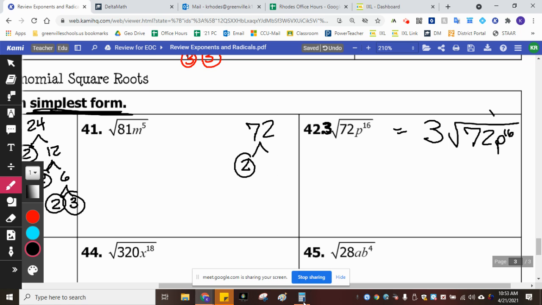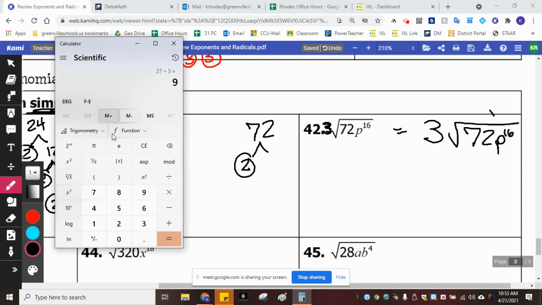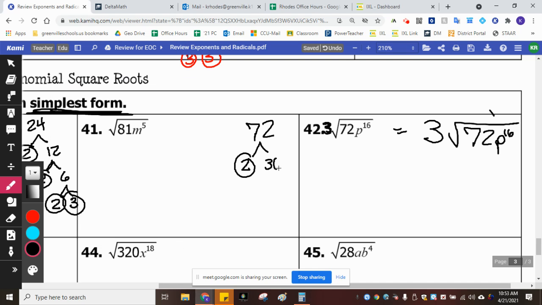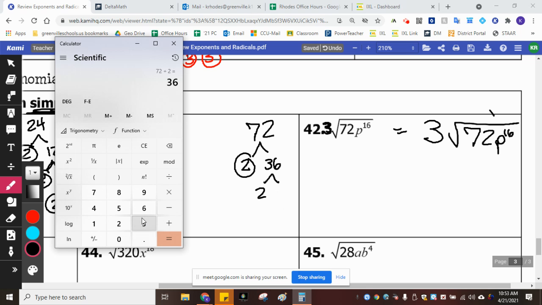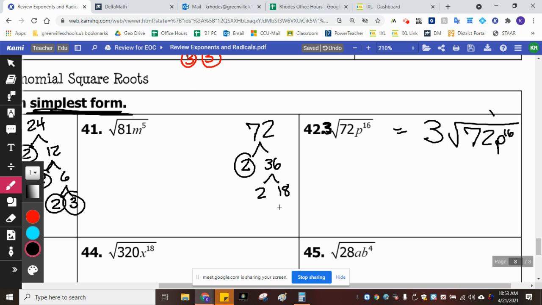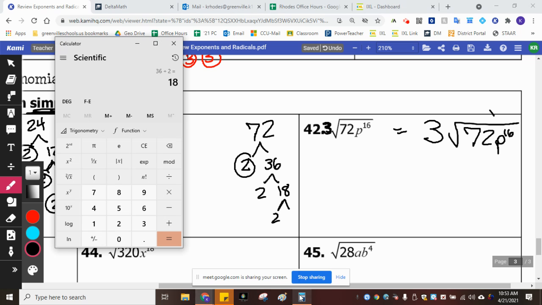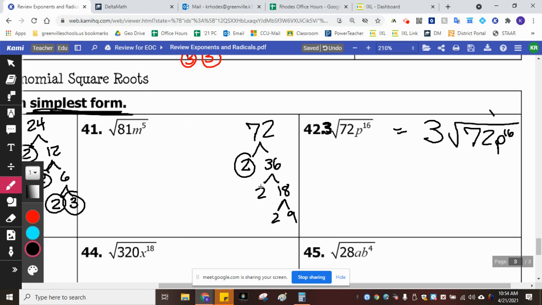It's even, so 2 and 36. Even again, 2 and 18. Even again, 2 and 9.